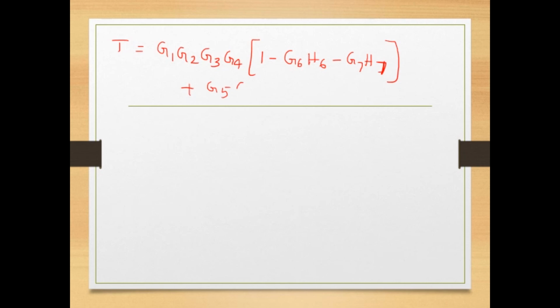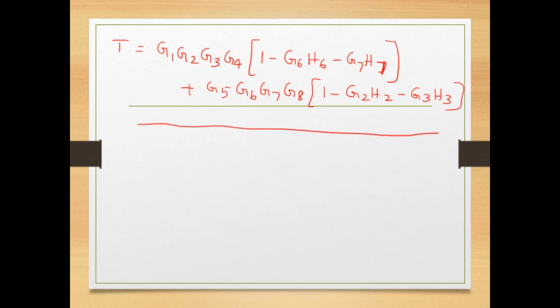So what we get is T equal to G1, G2, G3, G4 into 1 minus L3 plus L4. I skip one step and write it directly: 1 minus G6 H6 minus G7 H7, plus G5 G6 G7 G8 into 1 minus G2H2 minus G3H3, divided by delta.